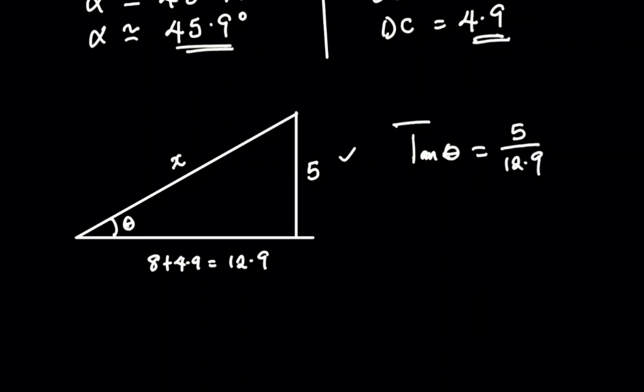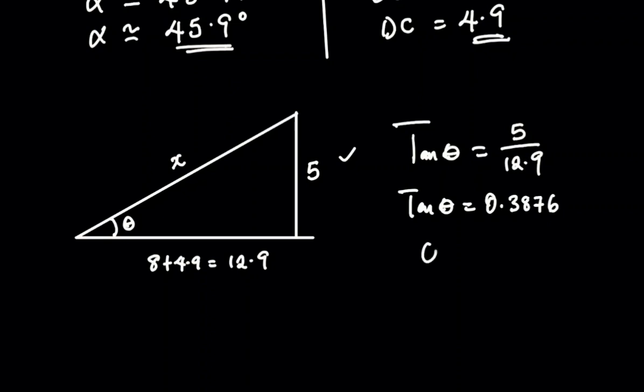Okay, good. Now tan theta is going to be 5 divided by 12.9, which is 0.3876.